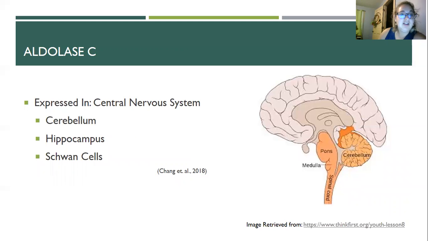All right, Aldolase C. This is going to be expressed in the central nervous system. More specifically, it's going to be seen in the cerebellum of the Purkinje cells, as well as the hippocampus and the Schwann cells.